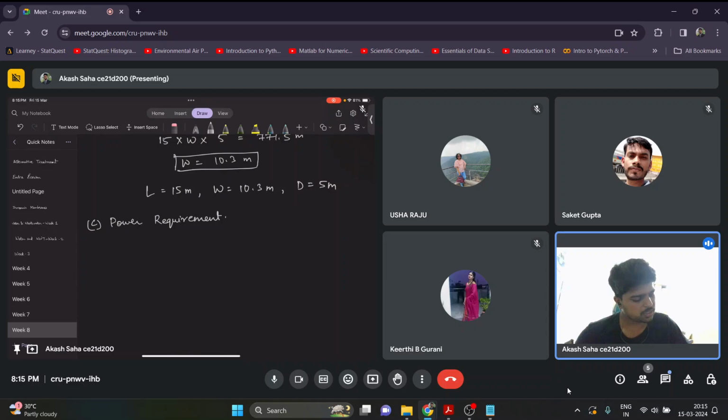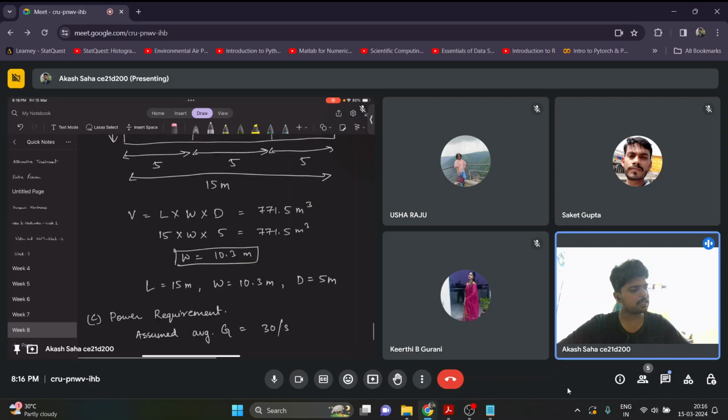Now we assumed average G value to be 30 per second. In our previous assumption, we assumed that my average G value will be 30 per second. Now we know that in a flocculator, it's always better to give a tapered G value rather than a single G value. We have three compartments here.